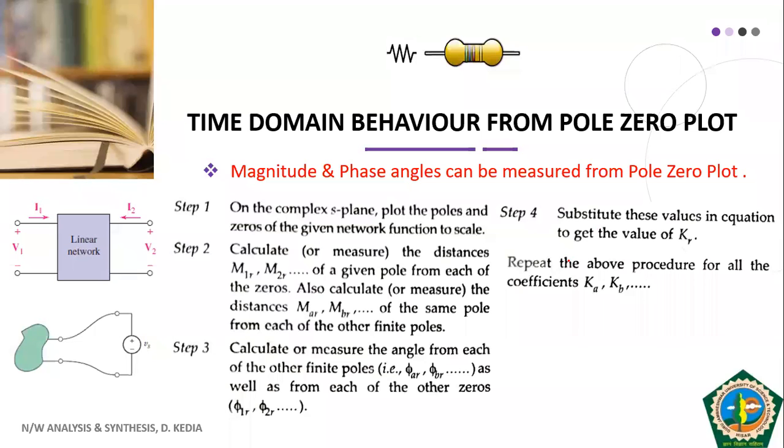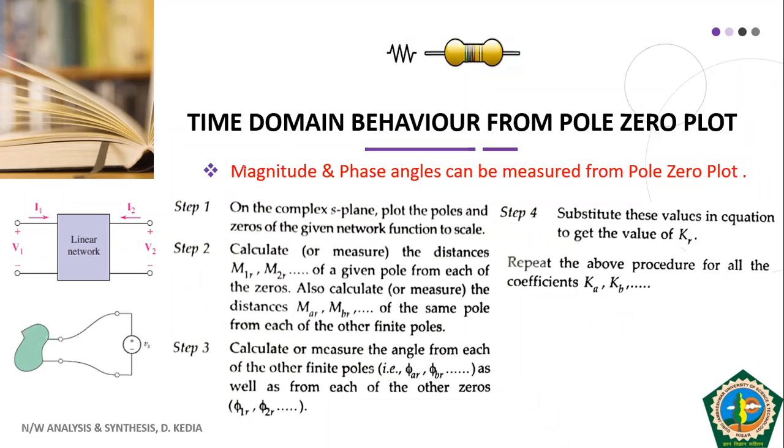So students, these are the steps that we will follow to determine the time domain behavior from pole zero plot. Don't worry, I have incorporated one example also in my slide. I'll explain that example step by step, so that you are able to understand the time domain behavior calculation from pole zero plot. Very simple. You have to just do two things.